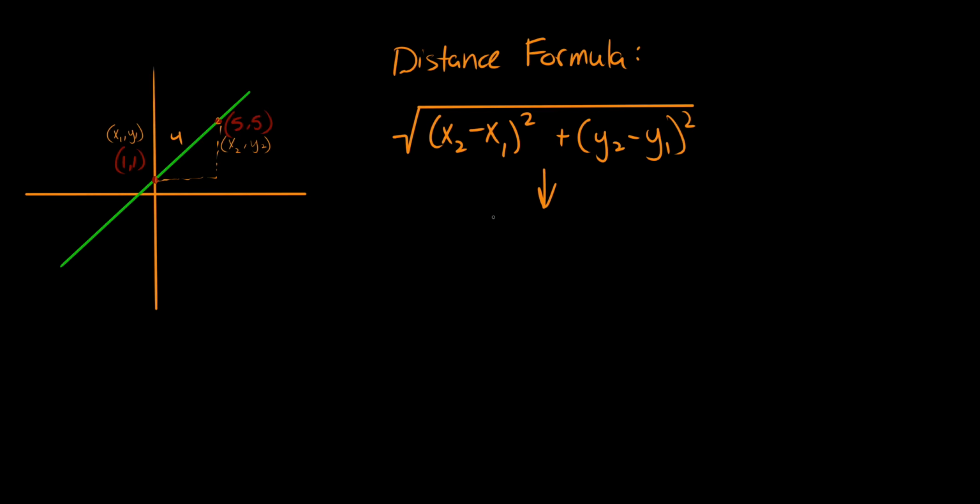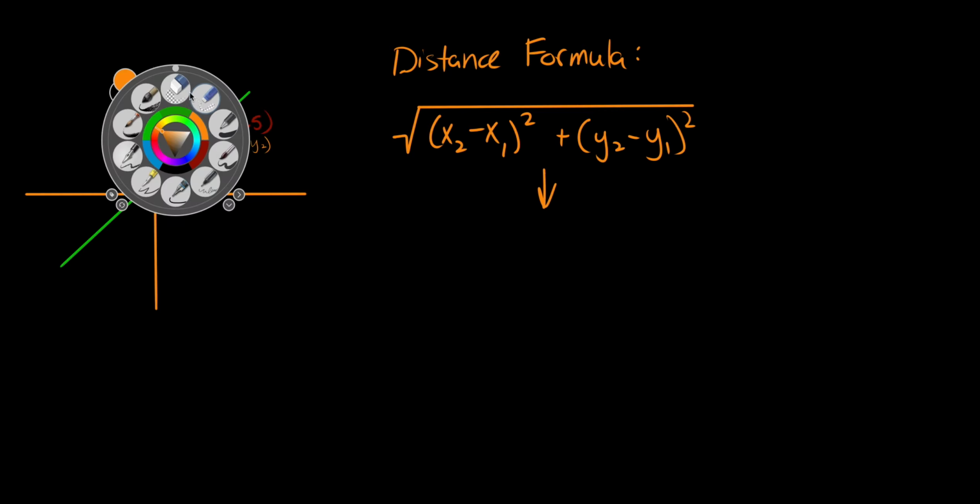So we're going to go ahead and do an example over here. We're going to try to find the distance between point A and point B. Now I've already labeled the x1 and y1 values as well as the x2 and y2 values. Let me just erase this. It's not actually 4.